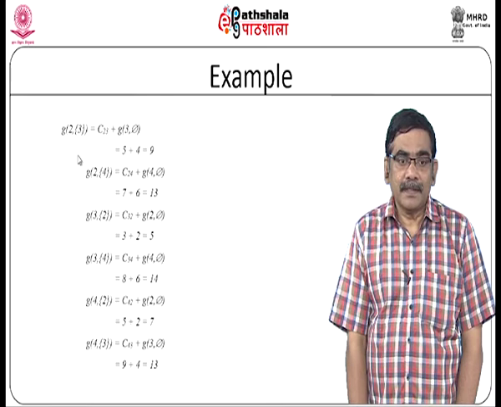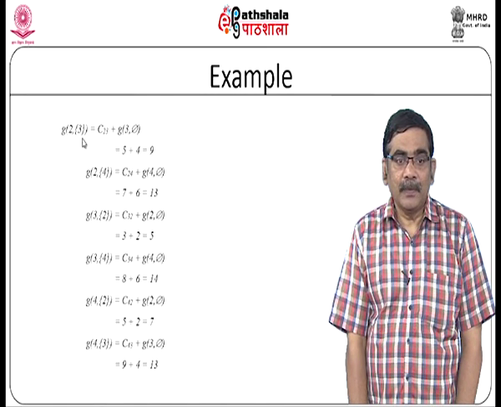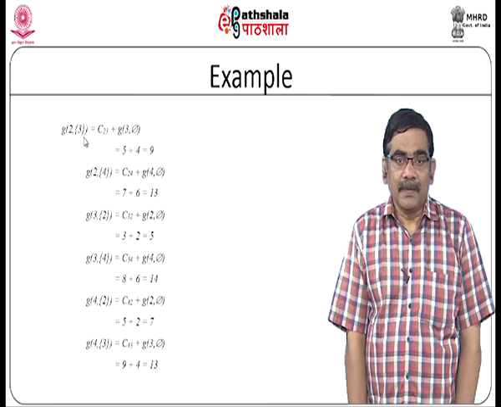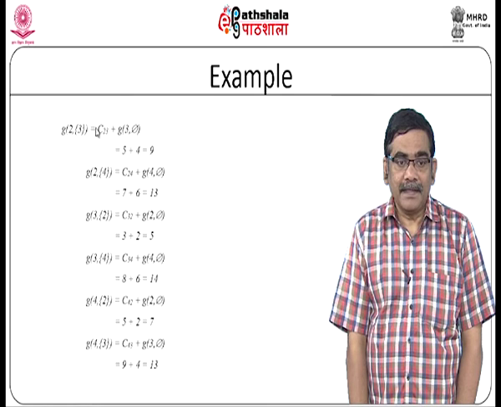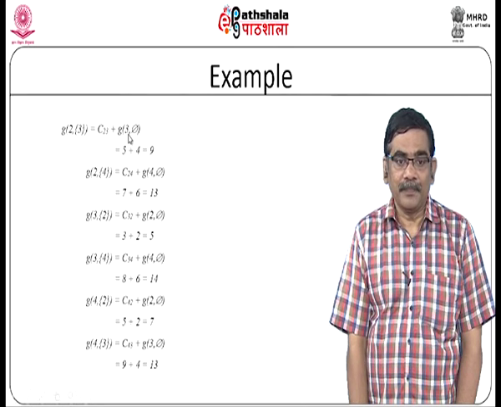What is the cost of starting from 2 and going via the vertex 3? The answer is the cost of moving from 2 to 3 and the cost of moving back to the hometown from the vertex 3.